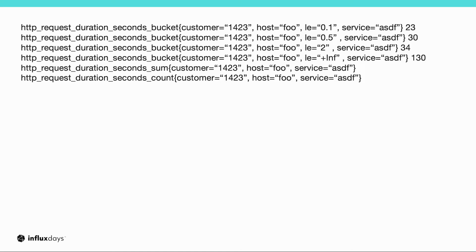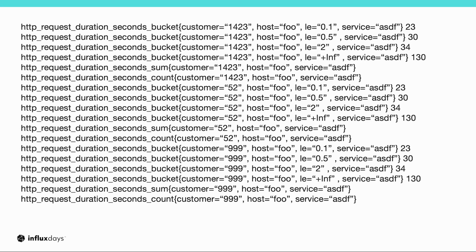What if we put the customer ID in the label there? Well, then obviously you're going to be tracking 6 individual time series per customer, per host, per service, which gets really problematic over time, which is obviously why the best guidance in terms of how to structure your Prometheus metrics is to not put high cardinality data into the labels.